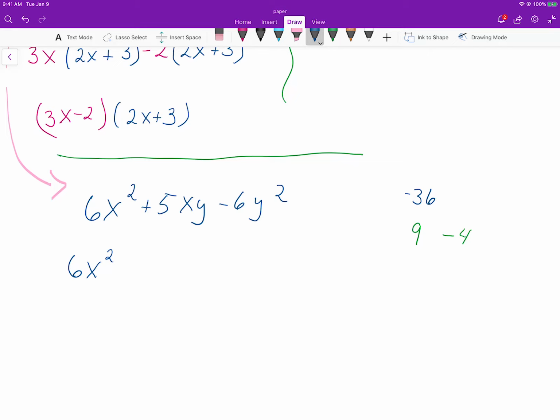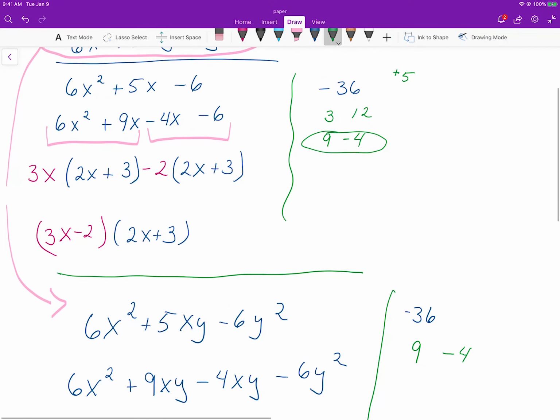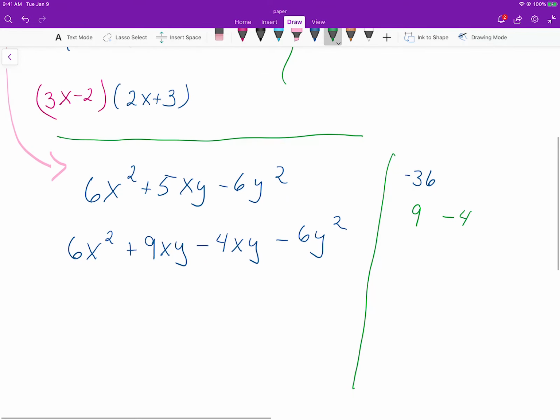So if I do the same exact process I did before, but instead of 5x, I have 5xy, it's going to be plus 9xy minus 4xy minus 6y squared. So I'm just breaking up the middle. I'm trying to just kind of relate it to that same idea we did here, but I just added in the y's.